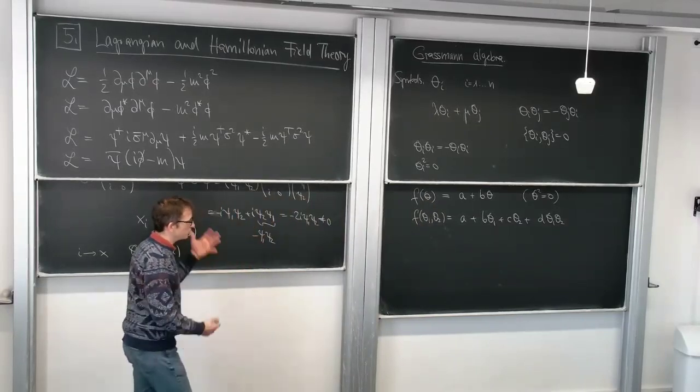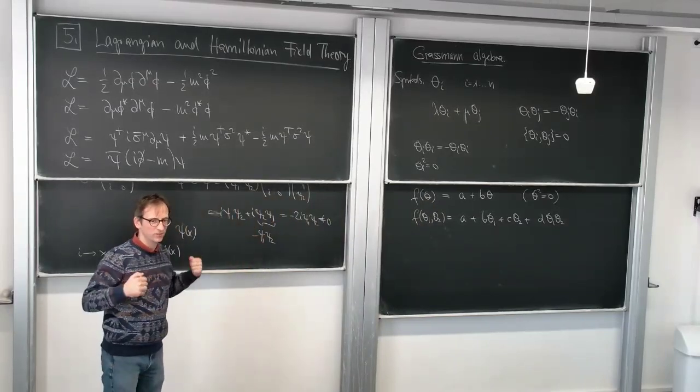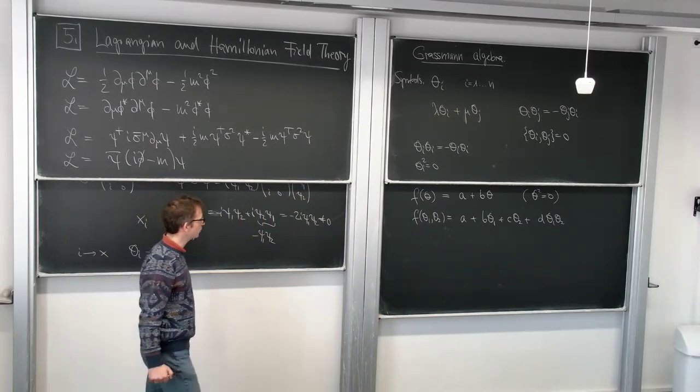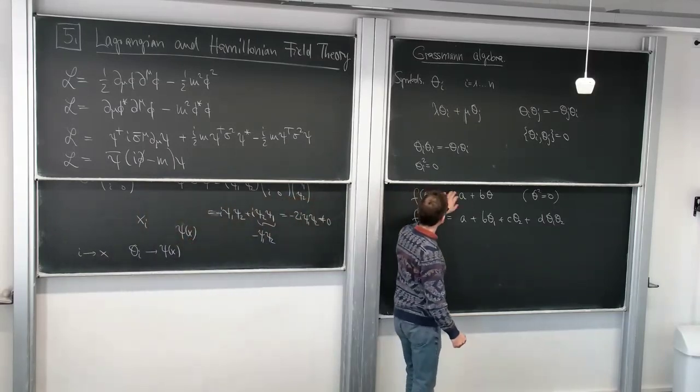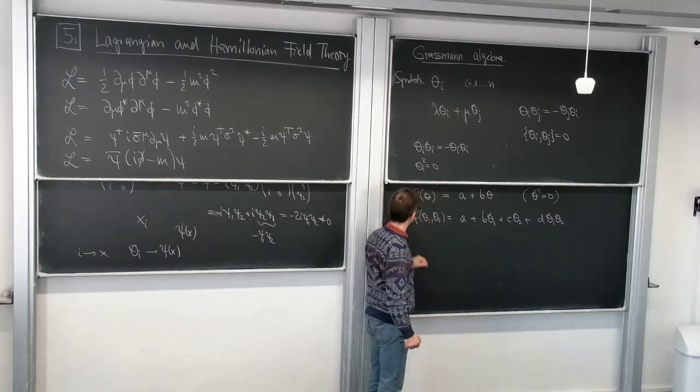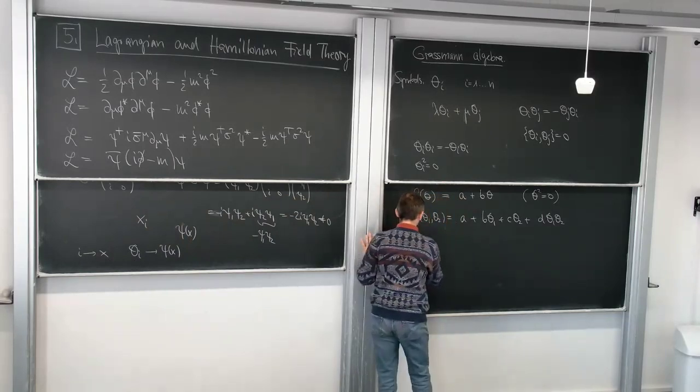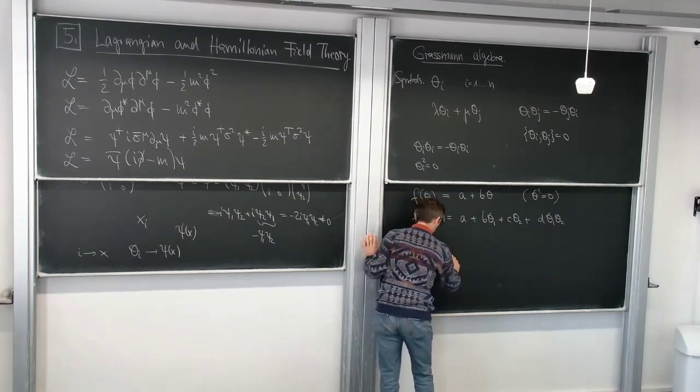And now that we have functions, we want to take derivatives. So we want to take a derivative with respect to these variables, so the function differentiated with respect to this. And then, of course, we want to define that theta I differentiated with respect to theta I is just 1.